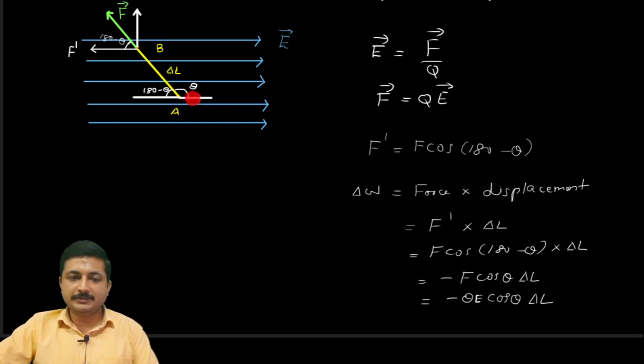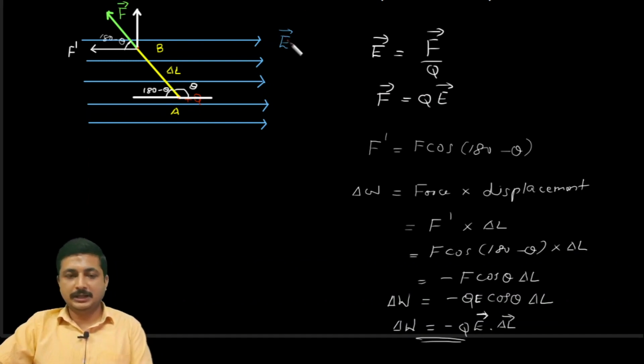What is the angle between them? Theta. So I have here cos theta. So E delta L cos theta can be written as E dot delta L. Right? So I finally write my work done as minus Q E vector dot delta L vector. So this is the expression for energy expended or work done in an electric field.